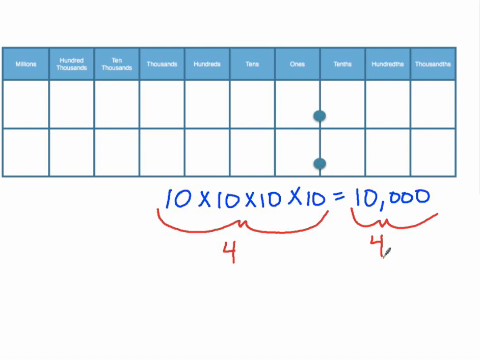Do you notice a little pattern there? So if you multiply 10 times 10 times 10 times 10 4 times, your answer will have 4 zeros. Because if you look up here, how many zeros do we have? 1, 2, 3, 4.